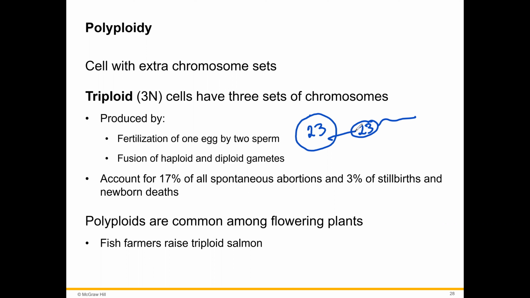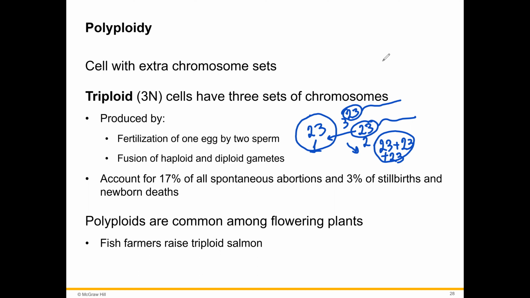So it's a fusion of these 2 cells. So what would we have? 23 plus 23. That gives us 46. If we would have 2 sperm fertilizing the same egg, we would have 3 sets. So this is set 1, this is set 2, and this would be set 3. So the cell would have another set of chromosomes, right?